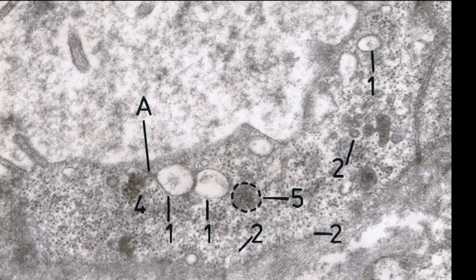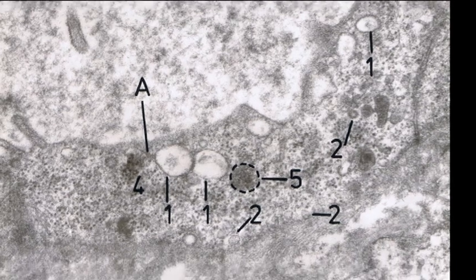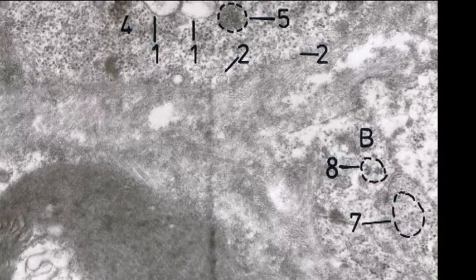There are a large number of free dense particles which on size basis are free ribosomes. Here at B, there is a degenerated neurone, perikaryon, showing general depletion of organelles and increased numbers of free ribosomes and polysomes.